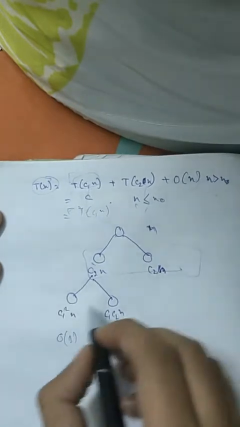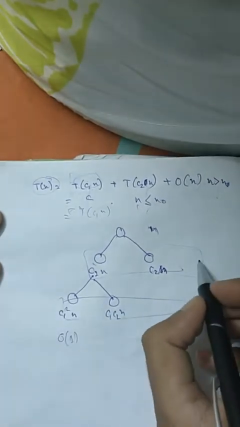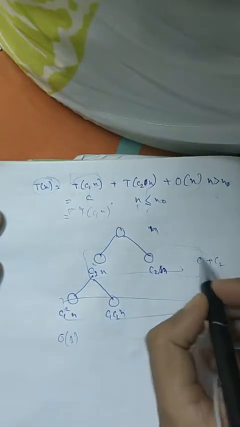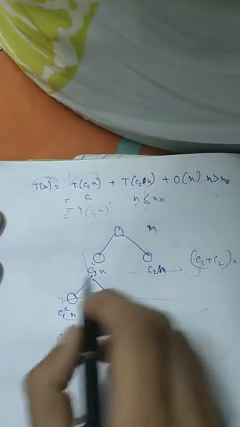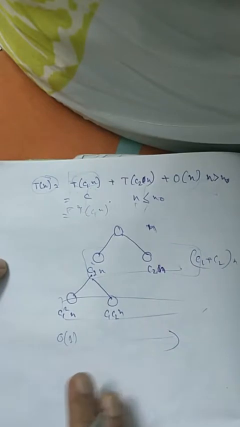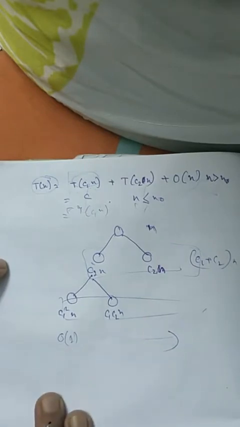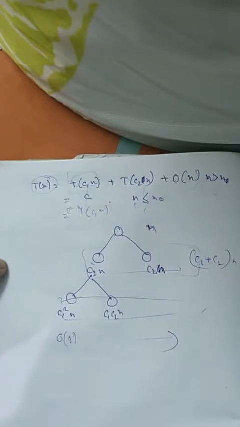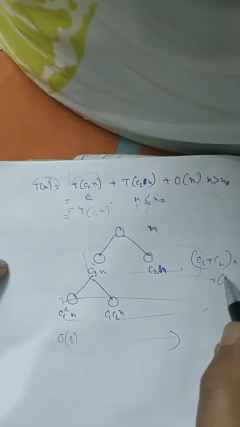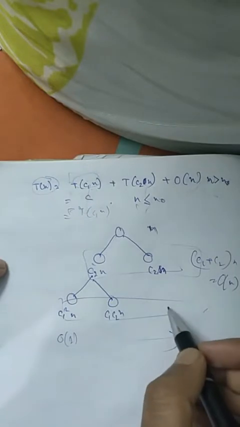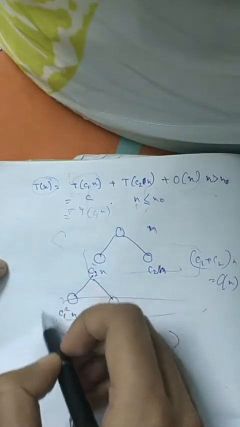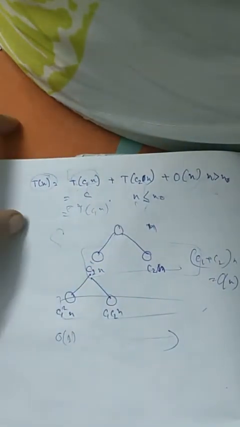So in each step, whatever we get, c1 plus c2 times n in this step. Whatever we get we'll calculate in those levels, and that will actually be order of n. So we'll see what we get.